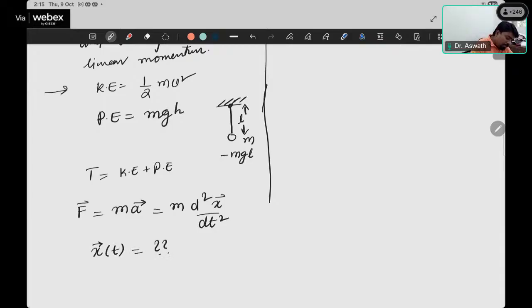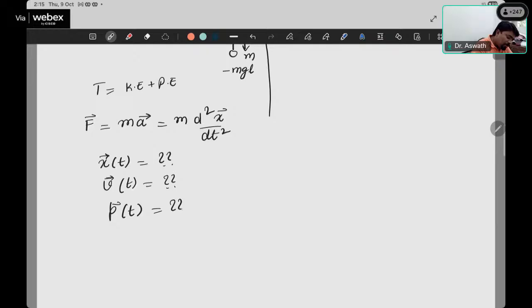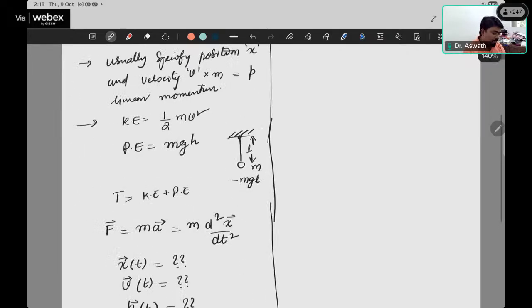Similarly, I can find the velocity of the object in time, and multiplying by m, the momentum of the object in time. Those are the basic things I want to know about the system. So this is classical physics for you.